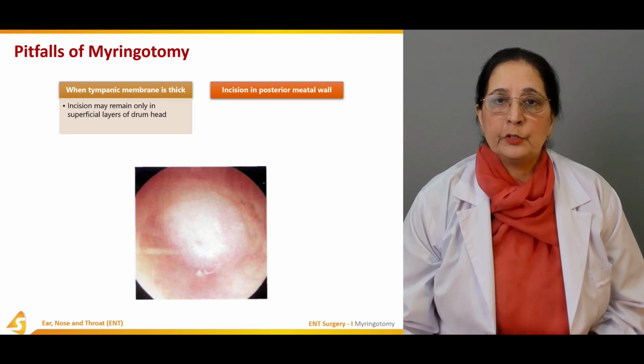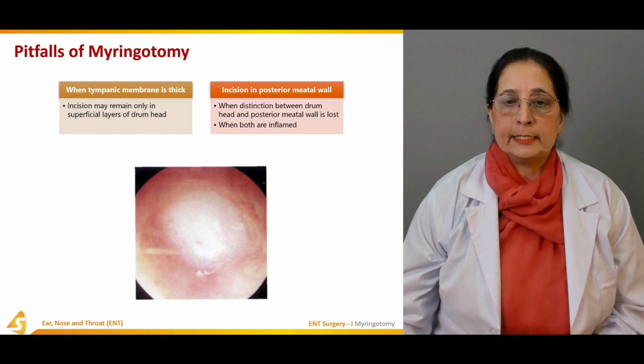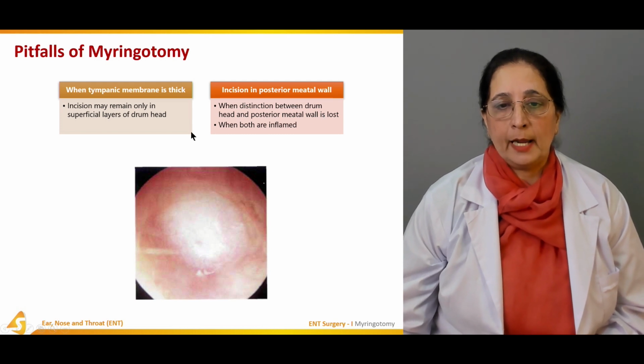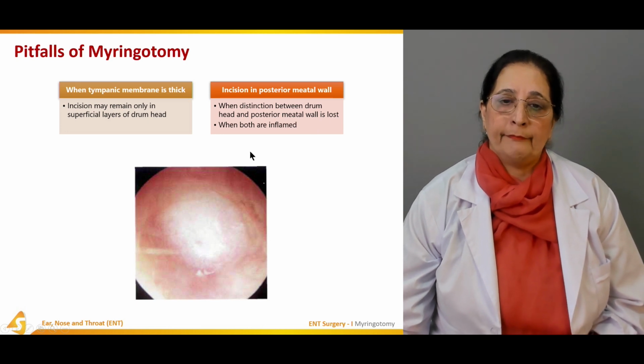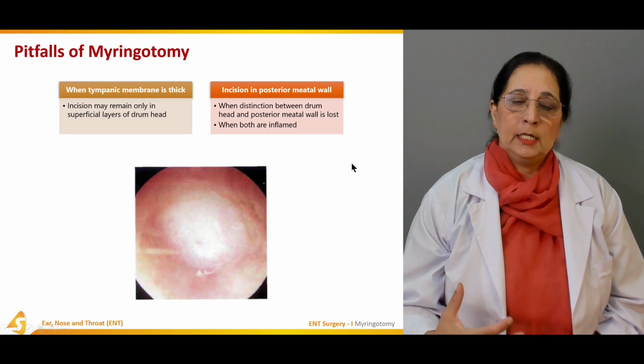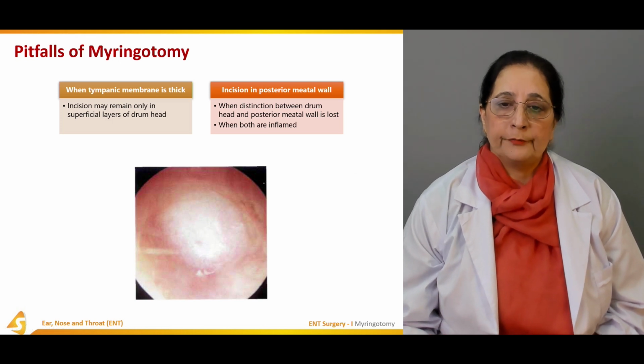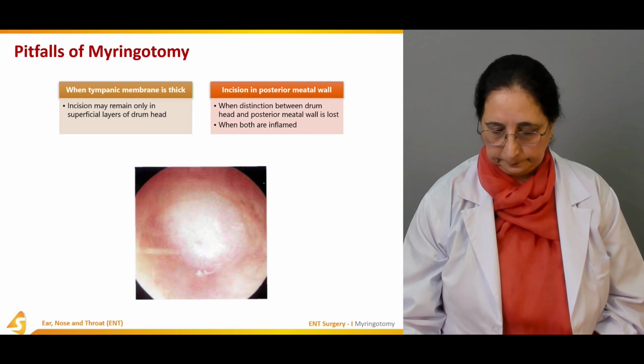Incision may also land in the posterior meatal wall when the distinction between the drum head and posterior meatal wall is lost and both are inflamed. So these are the pitfalls of the myringotomy.